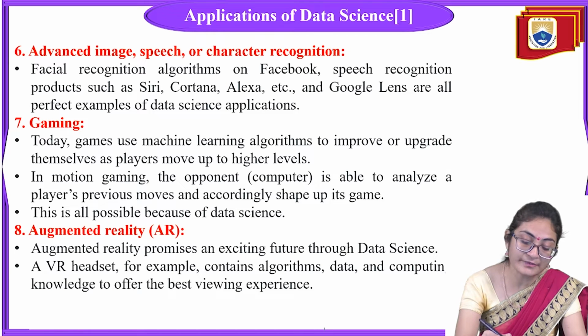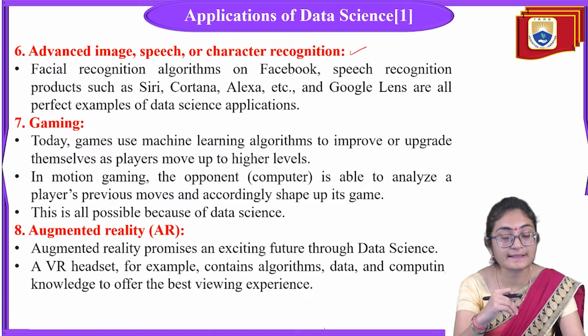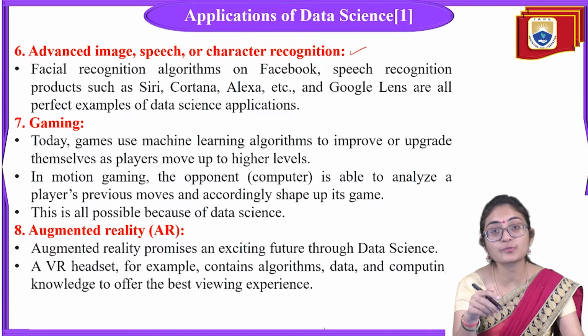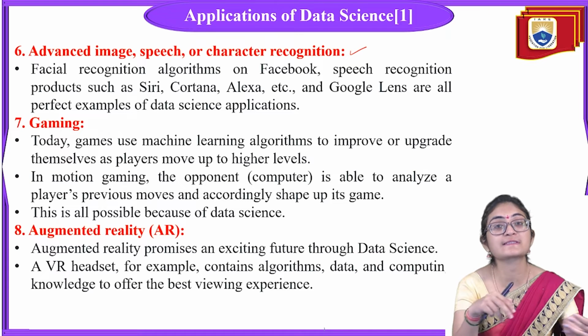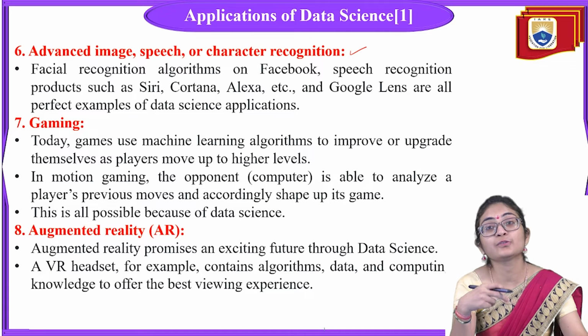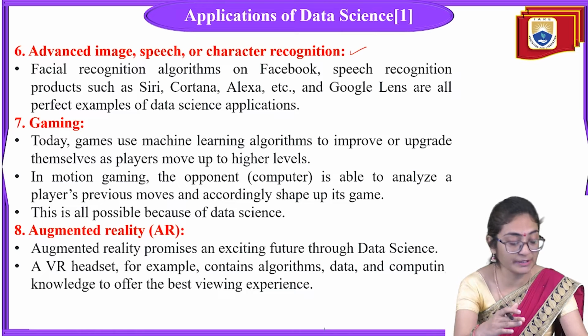Sixth one is advanced image, speech, or character recognition. Generally, facial recognition algorithms on Facebook, then speech recognition products such as Siri, Cortana, Alexa, and Google Lens, all are the best examples of data science application.